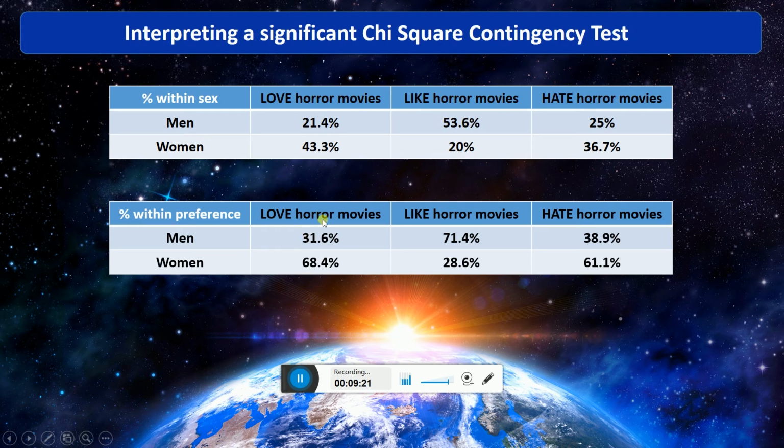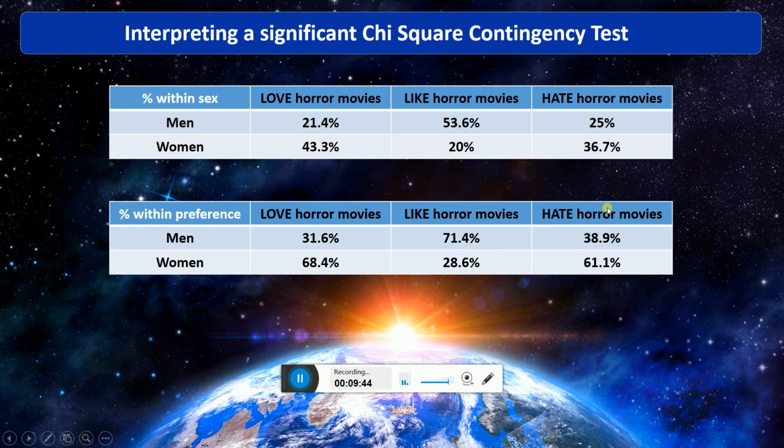So what we would say is that among those individuals who love horror movies, the majority are women. And then we would move over here and say that among those individuals who like horror movies, the majority are men.